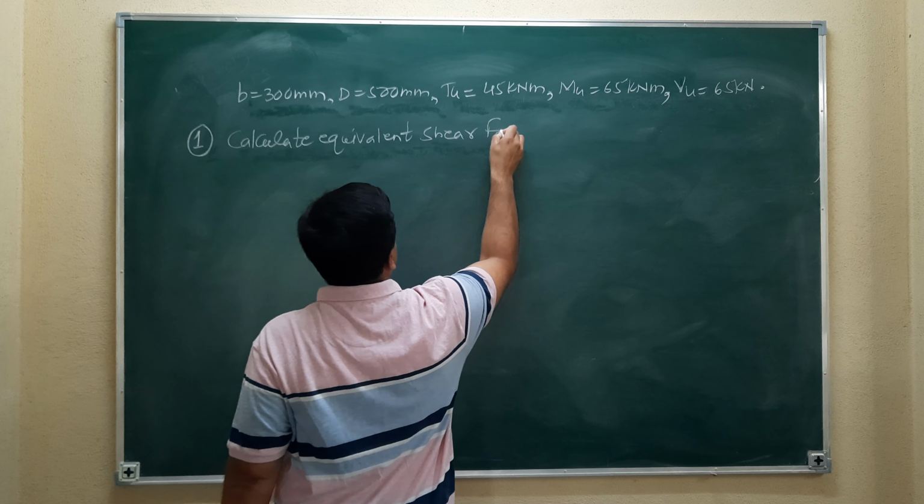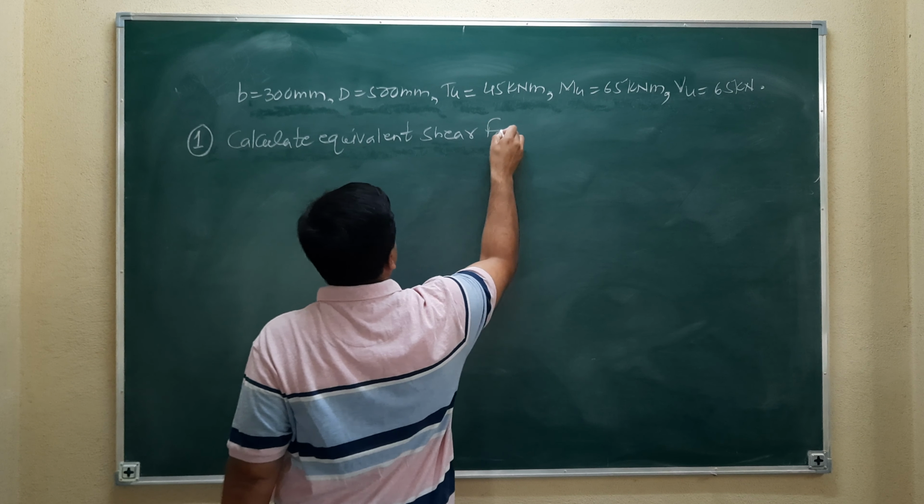What is VU? VU is 65. Then 1.6 times TU, which is 45, divided by the width of the section. We have put the torsional moment in kN/meter, so you have to put the width in meters, that is 0.3.